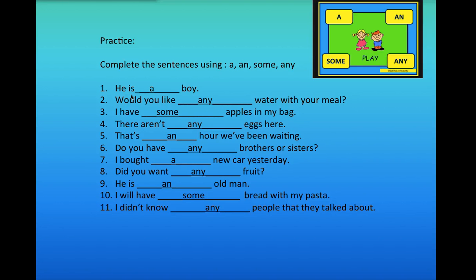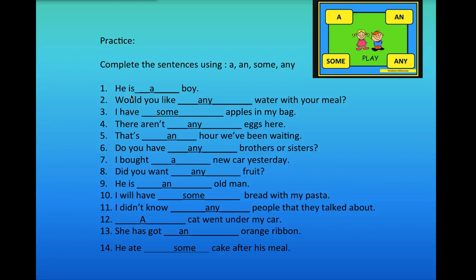We say I didn't know, so we have to use any. A cat went under my car. Cat is singular, we're going to use a. She has got an orange ribbon. Ribbon is countable, it's singular, and orange is describing the ribbon, so it's an adjective, but it starts with an O, so we need to say an.